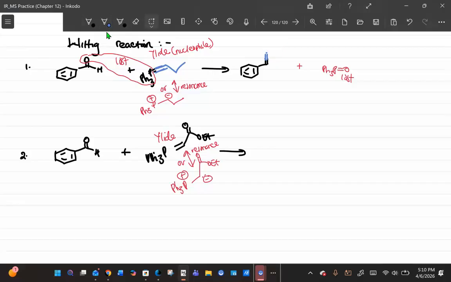Anytime the ylide is unstabilized, we call this unstabilized ylide because there's no electron withdrawing group. Okay. Unstabilized, not ylide, ylide, gives Z as the major.